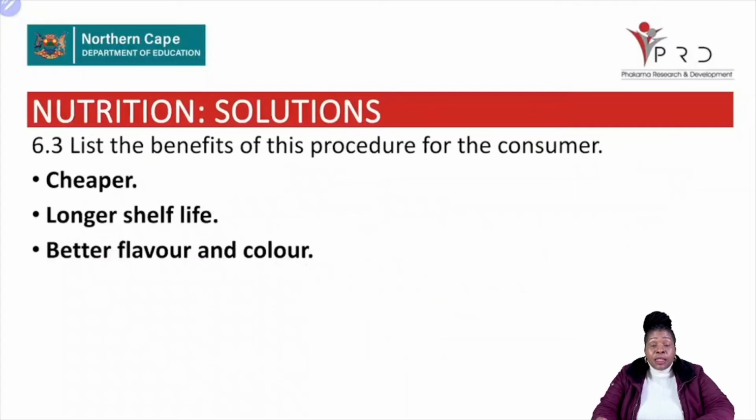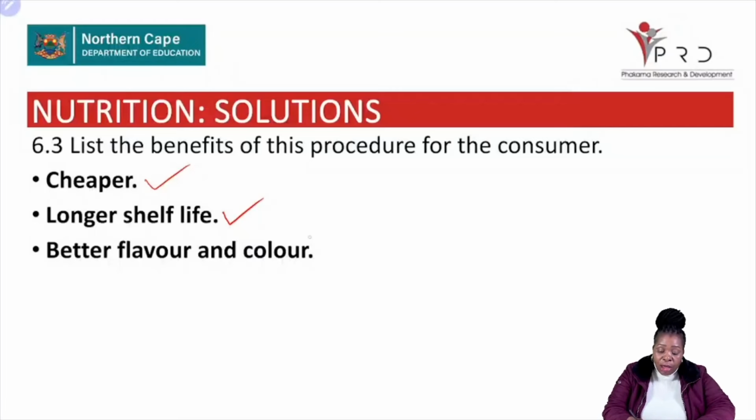And then our 6.3 says, list the benefits of this procedure for the consumer. So GMO foods are cheaper for the consumer and they have a longer shelf life. They actually do not decompose easily, especially the fruits that we buy. So they also have got a better flavor and color.